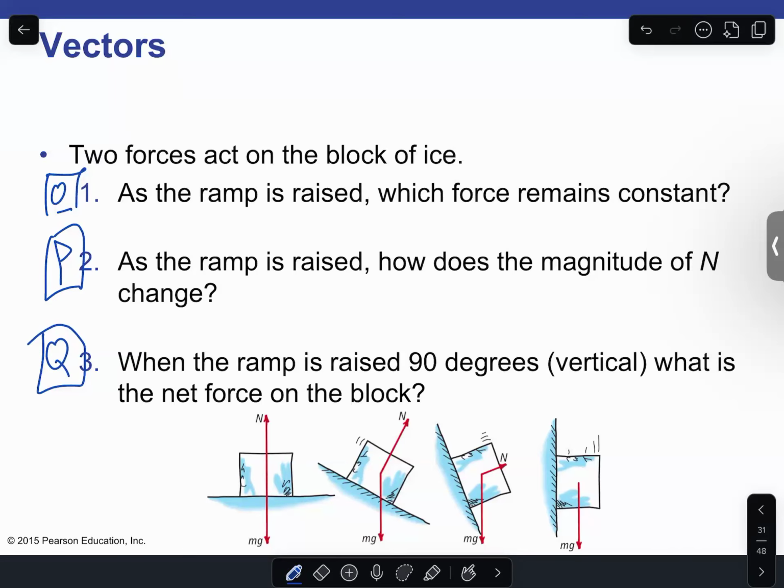It says force. This will help you in your lab if you haven't done your lab yet, thinking through this.